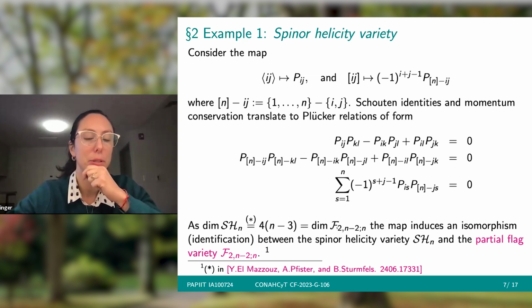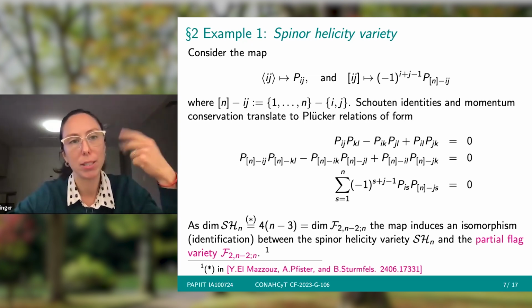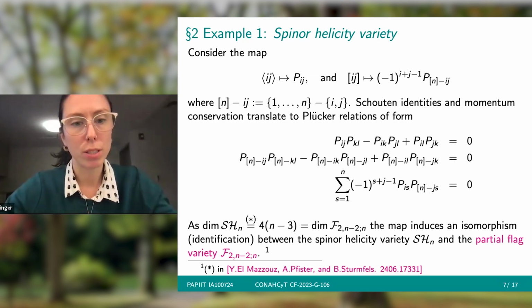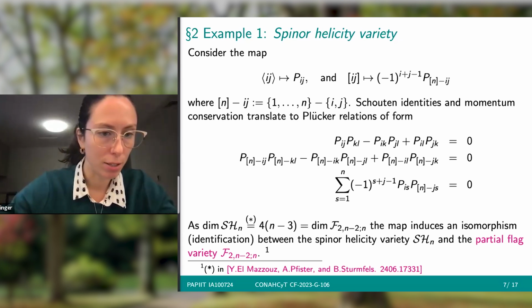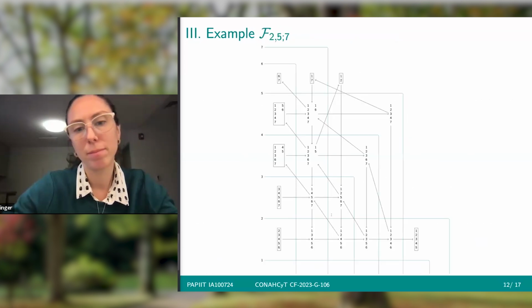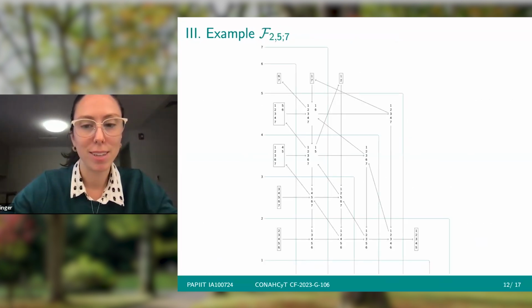So this example is also of the case 2 n minus 2n. So we have 4 times n minus 3, and then plus 2 are the ones that I introduced just to make everything homogeneous. Let me see if I can easily scroll back. Here. Yeah. So you can count that this is the right number.